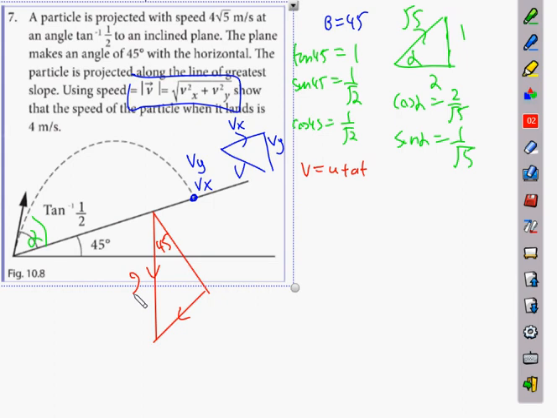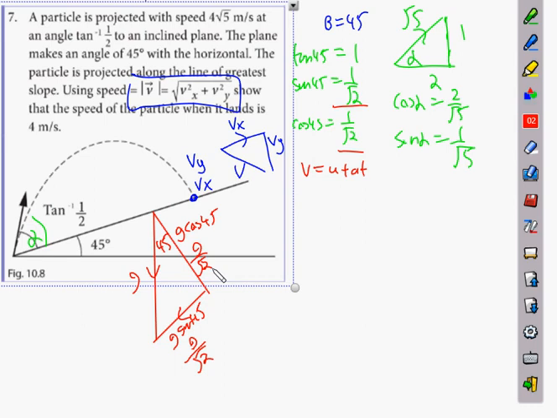What is this one going to be here? g sine 45, which is the same thing as g over root 2. Where did I get g over root 2 from? I multiplied sine 45 by g. This part here by g. And now I'm going to multiply cos 45 by g. g cos 45 equals g over root 2. So we have both g's over root 2's there.